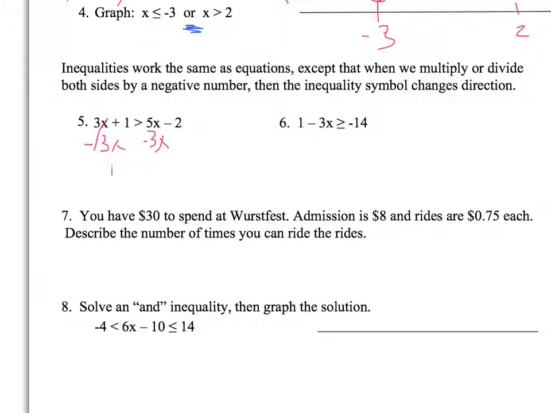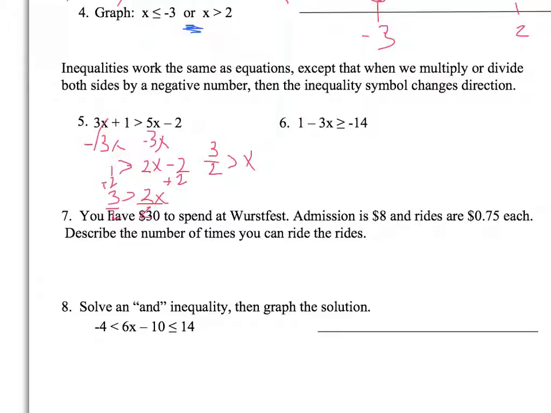So that gives me 1 is greater than 2x minus 2. Now to move everything away from the x, I'm going to add 2 to both sides. So it gives me 3 is greater than 2x. So last step would be to divide by 2. So that basically says 3/2 is greater than x.